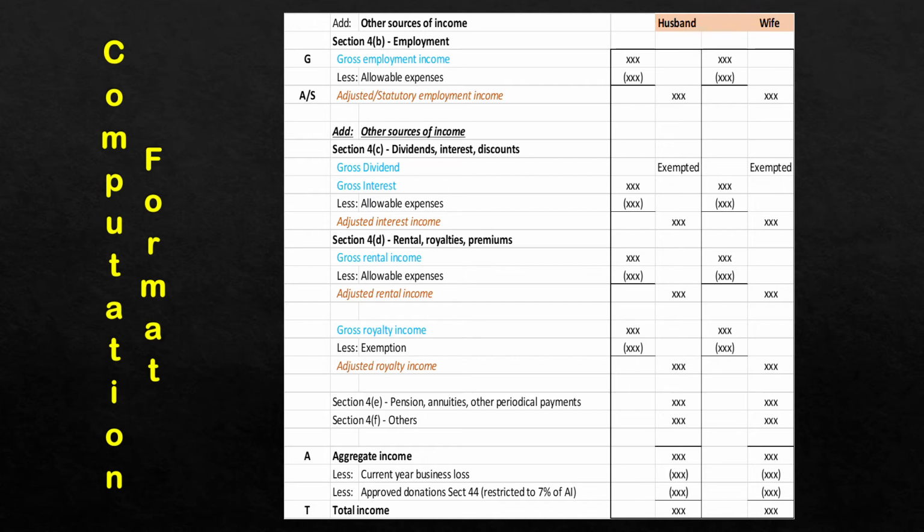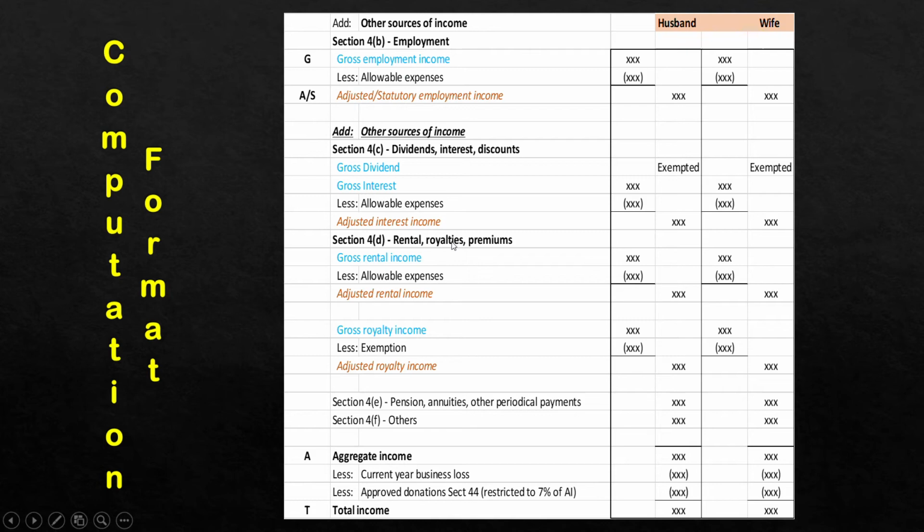Okay, so now you have completed the other sources of income. You have learned about employment income, and after that we have covered section 4C, dividend and interest, the most common one, and section 4D, rental and royalties.